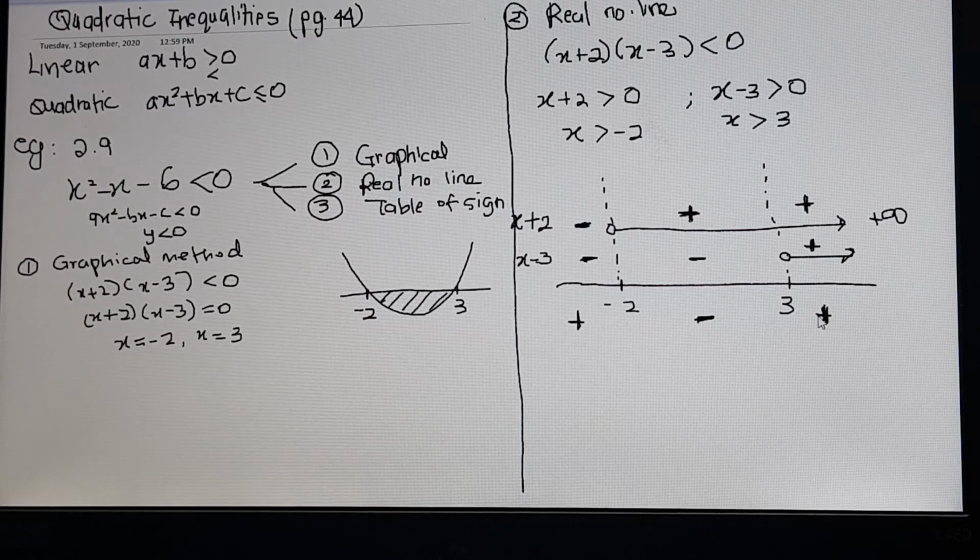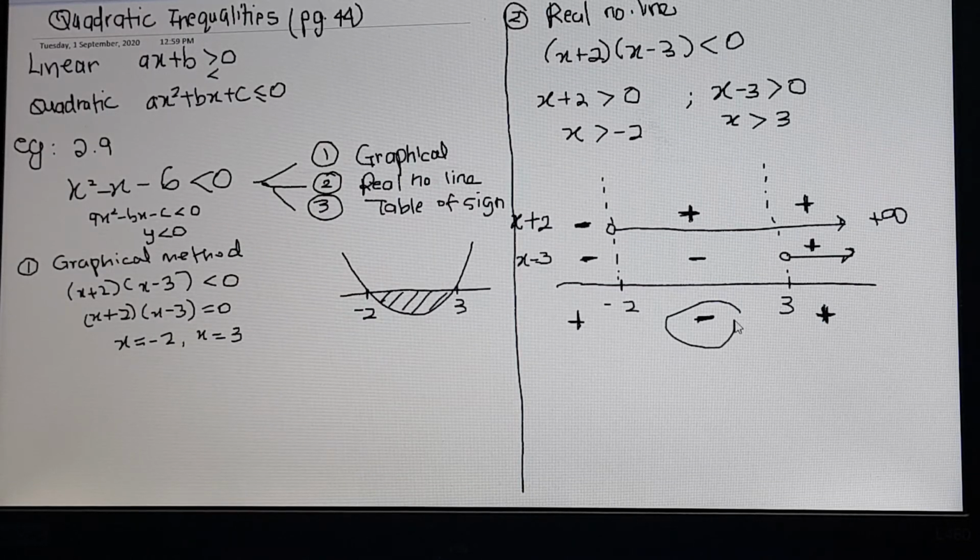Alright, so what is the conclusion? The two factors multiplied together must be less than 0, so you take the negative sign as the solution.